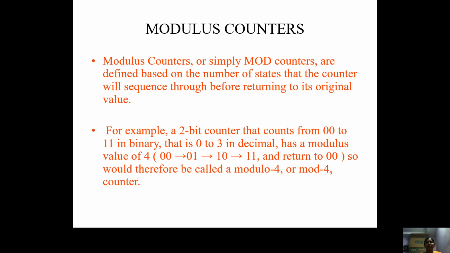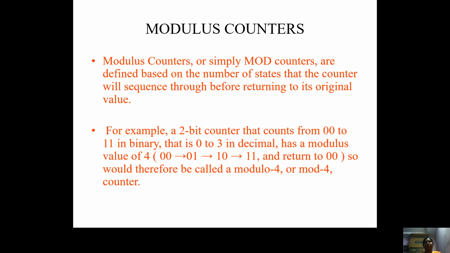That means it will count 00, 01, 10 and 11. Immediately whenever it reaches the 4th sequence in the counting, it will return to 00. Therefore it is called a modulus 4 counter.